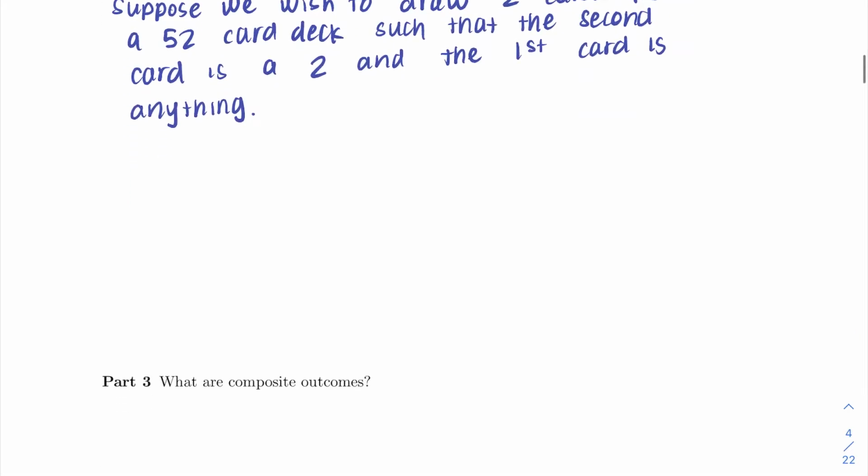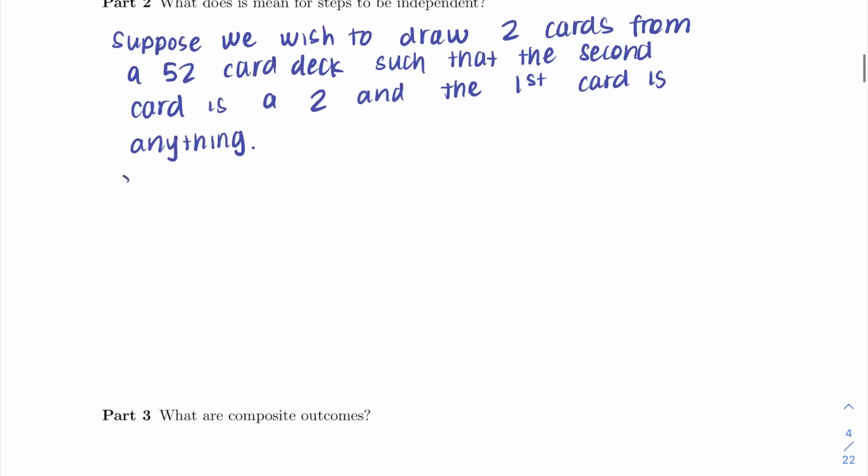Well, it's a 52 card deck, so the first thing I'm going to do is draw card 1. I can draw anything I want, so there's 52 ways to draw card 1 because it can be anything in the deck.